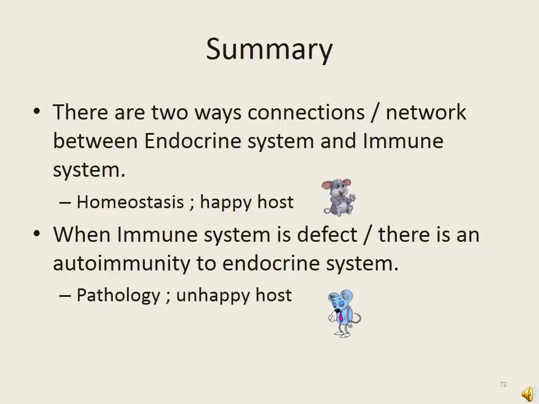But when there is a defect of the immune system, mainly a lack of self-tolerance or a lack of self/non-self recognition, there is autoimmunity to the endocrine system, and then there is pathology, that is autoimmune disease, and then the host is unhappy.